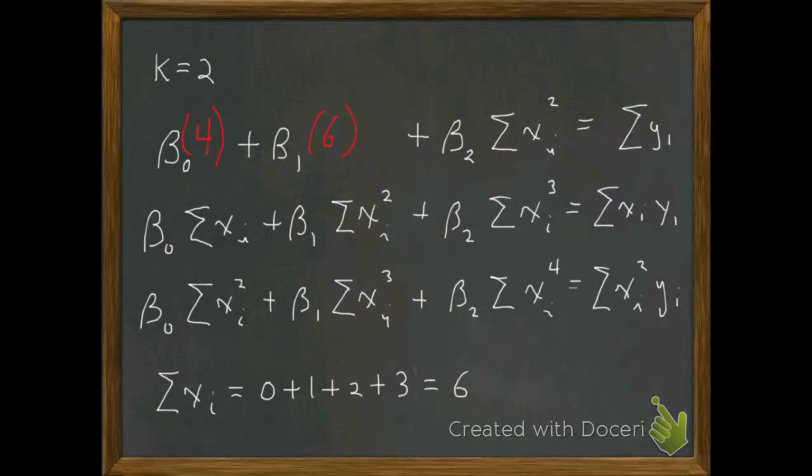And the next thing we could do is look at the sum of the x sub i squared, so we got 9, 13, 14. So the first would be equal to 14.